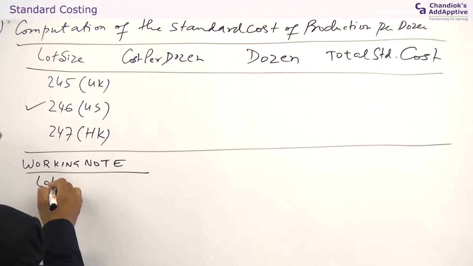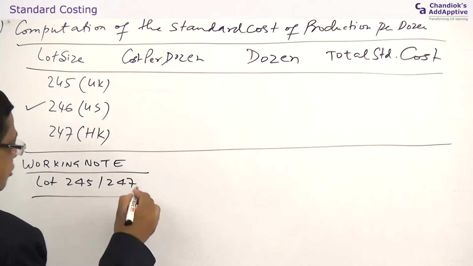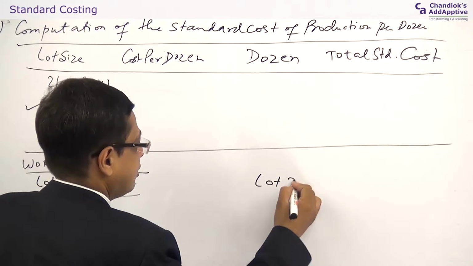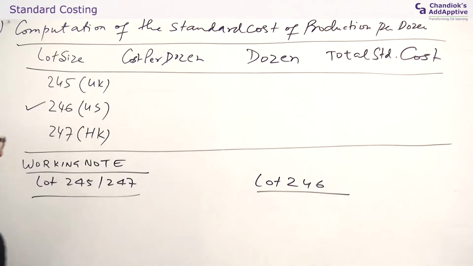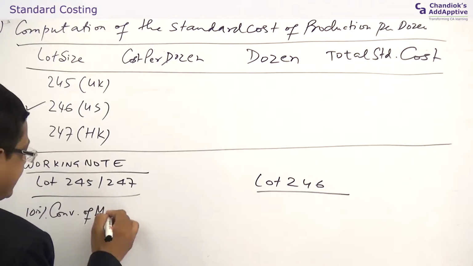For lot 245 and 247, we will do together, and for lot 246, we will do separately. So, 100% conversion of material.